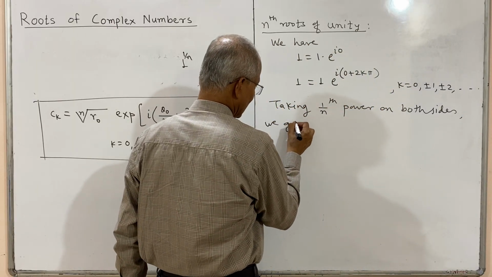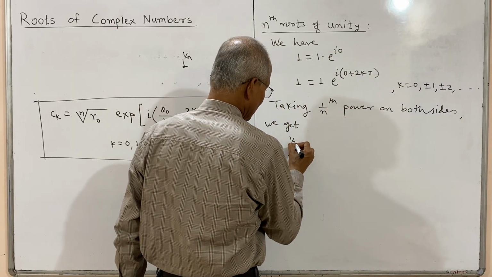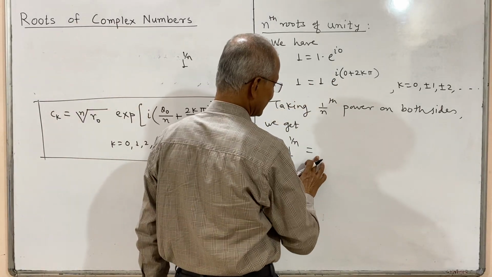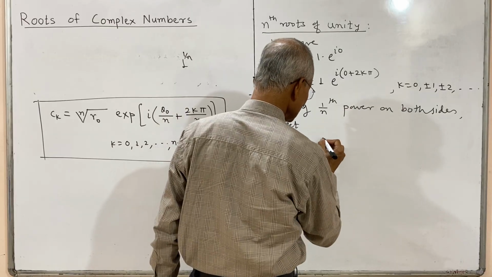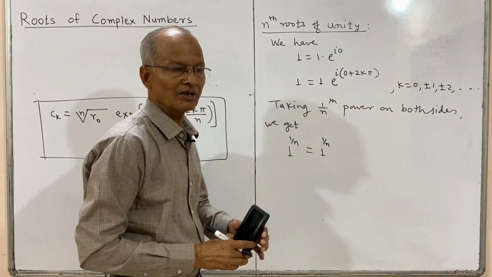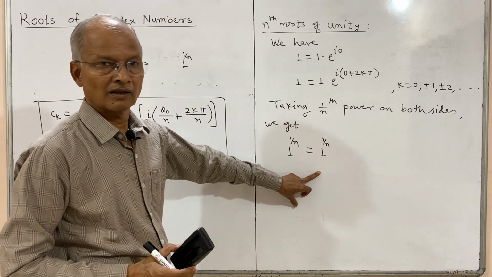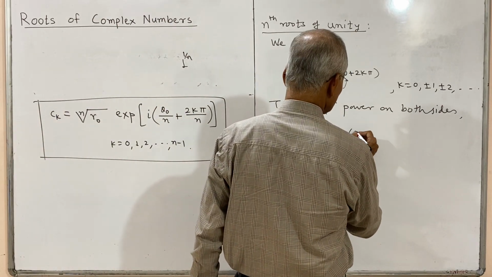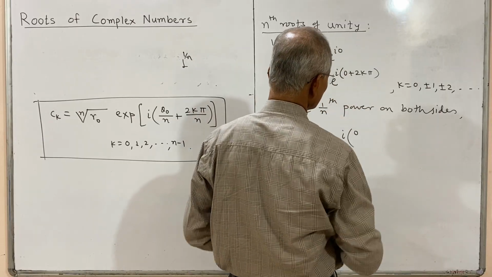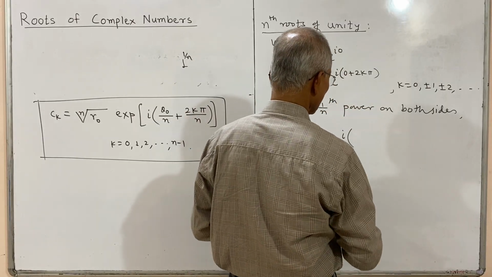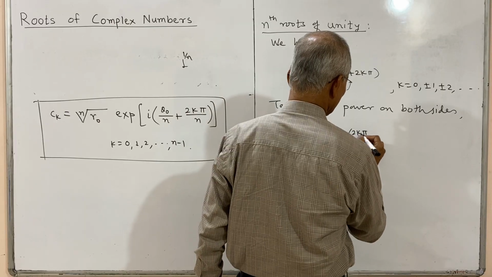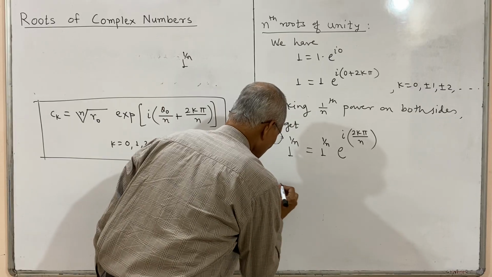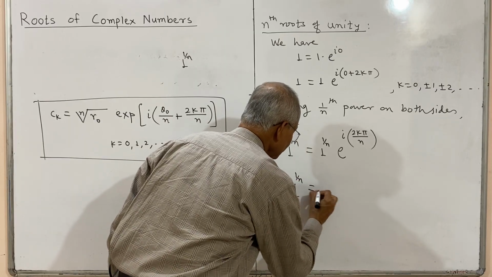We get 1 to the power 1 by n, and 1 to the power 1 by n is a positive value, and therefore we will get this value as 1, and e power i into (0 plus 2k pi) divided by n.